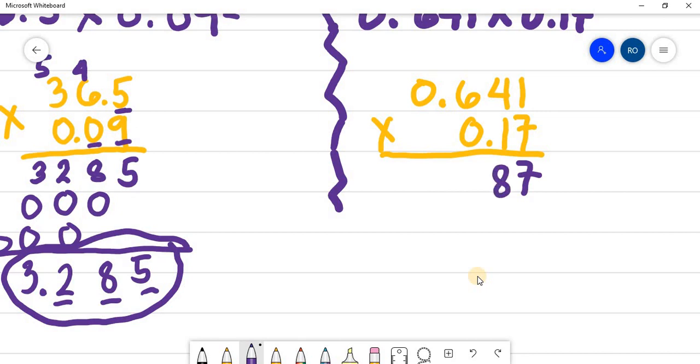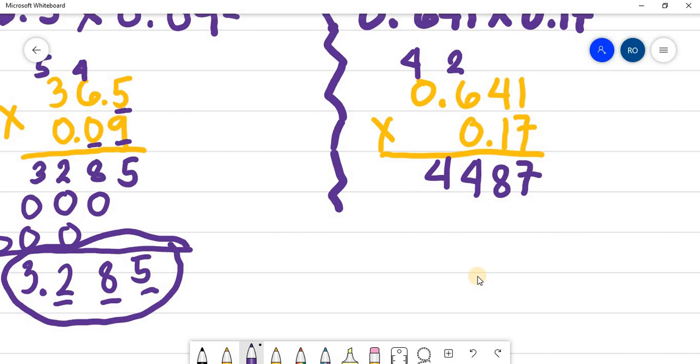Carry 2. Then we have 7 times 6 is 42, plus 2 is 44. So carry 4. And we have 7 times 0 is 0, plus 4 is 4.